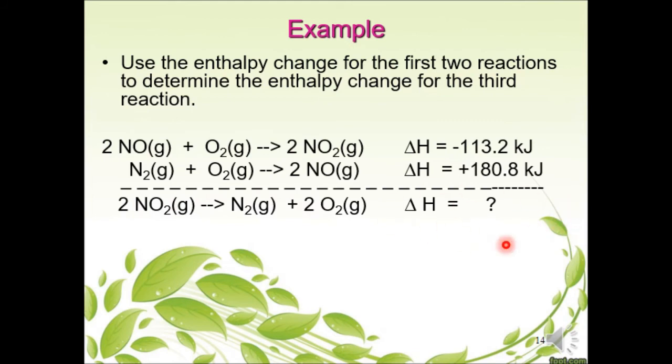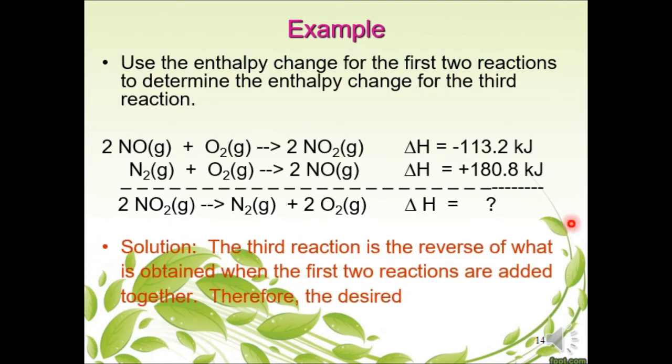So how to calculate that? Given to you is the enthalpy change for each reaction here, so from here we can find the enthalpy change for the third one. Because it is reversed, after adding this, we reverse it. So 67.6 kilojoules will be the enthalpy change for this third reaction.